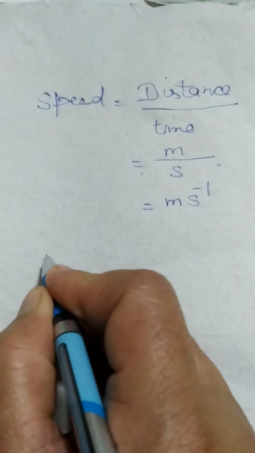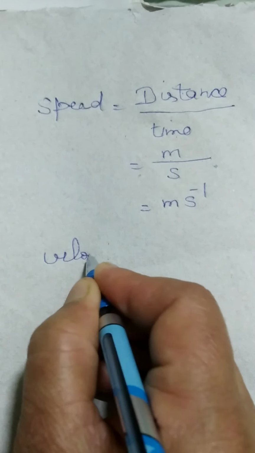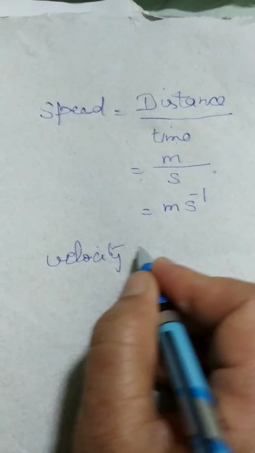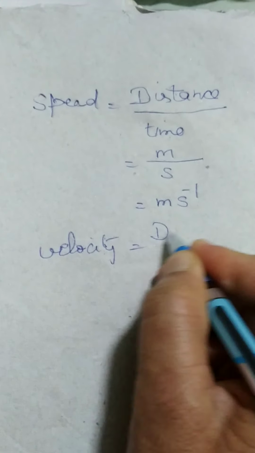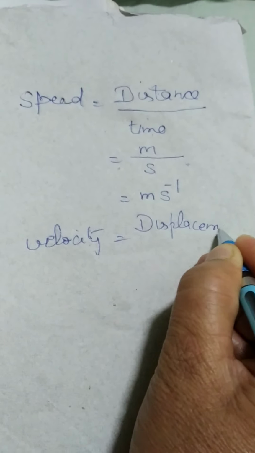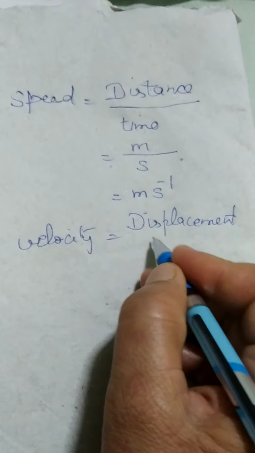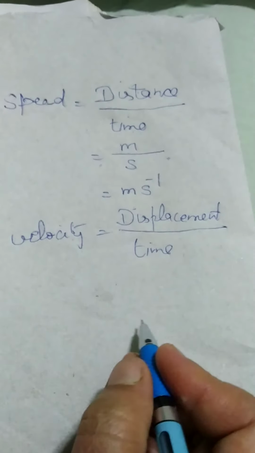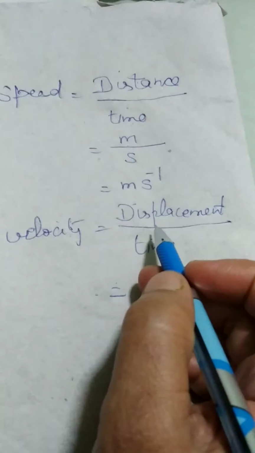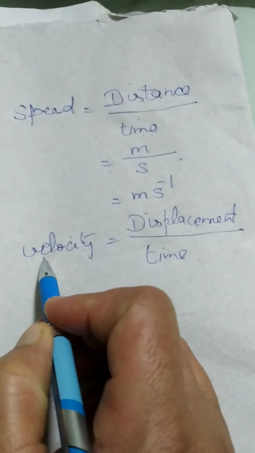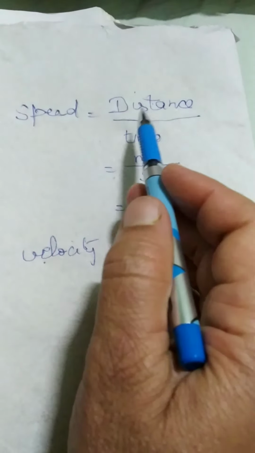Now we discuss velocity. What is velocity? Velocity is displacement upon time. We have already discussed distance and displacement. Displacement depends upon the direction also. Velocity also depends upon the direction.